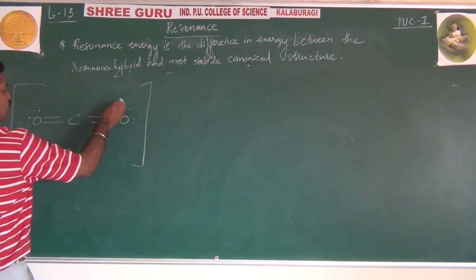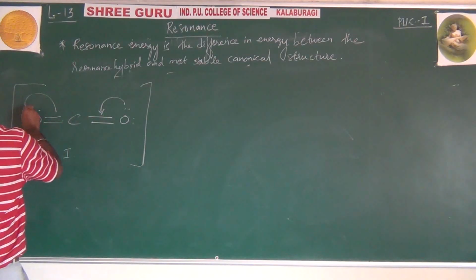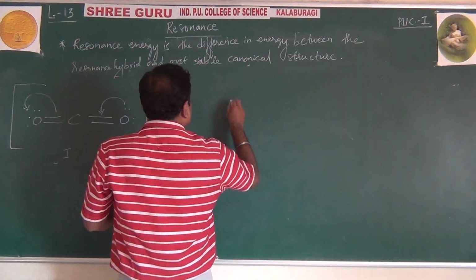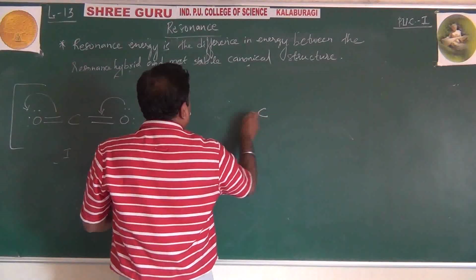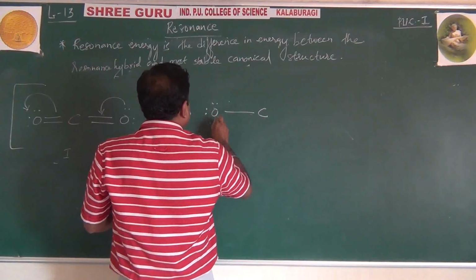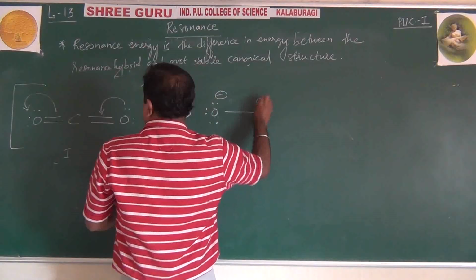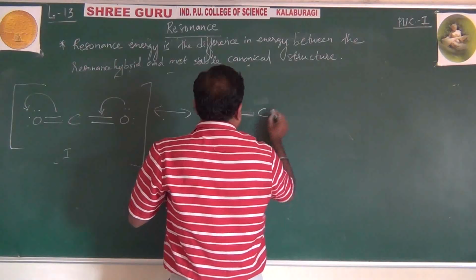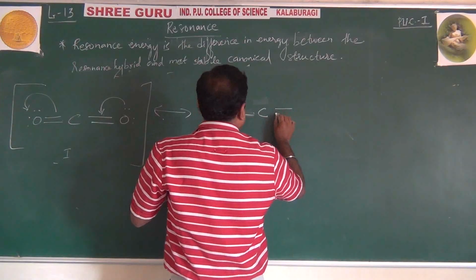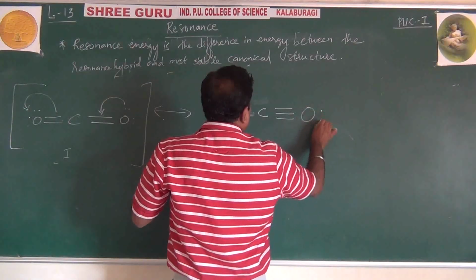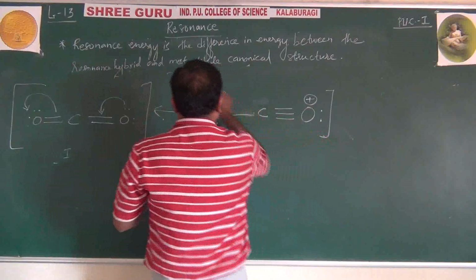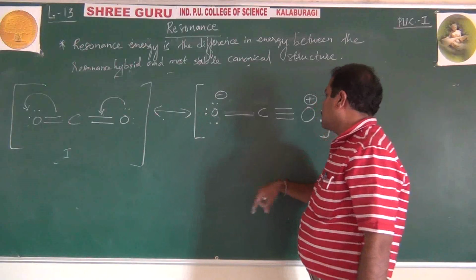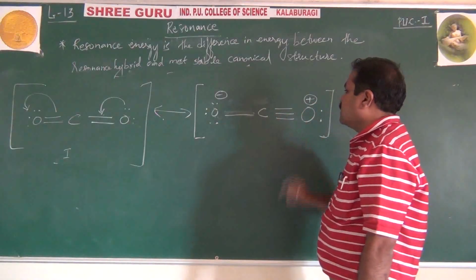But see here, these electrons sit here and will delocalize, giving oxygen with 2, 4, 6, 8, negative, a single bond, and here a triple bond will come, and this is positive. Check 2, 4, 6, 8 on each.